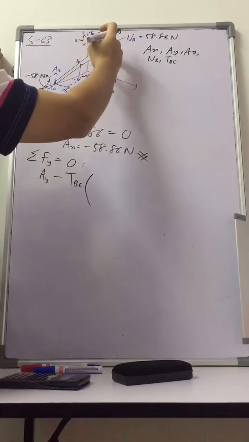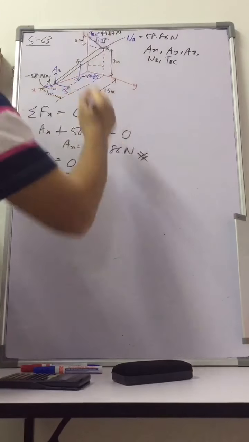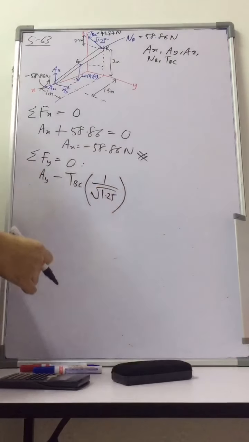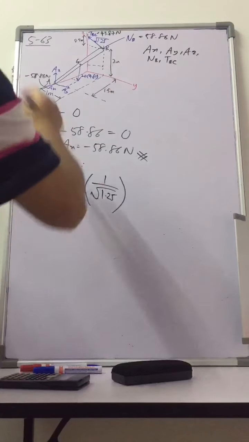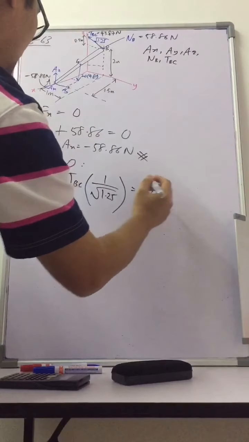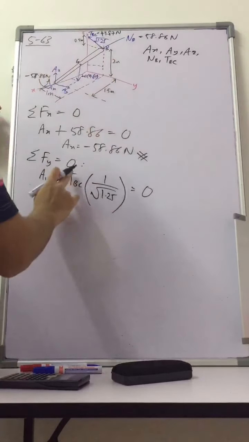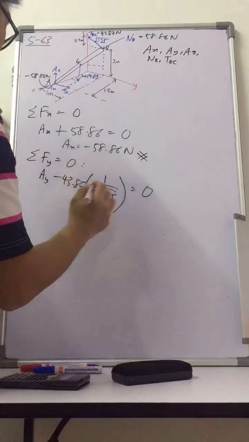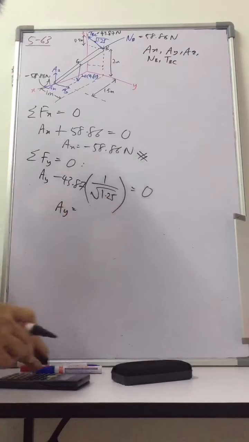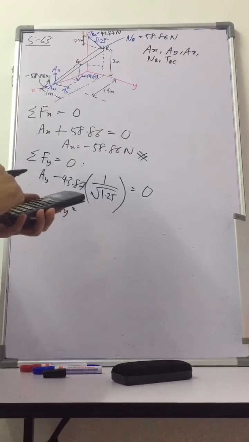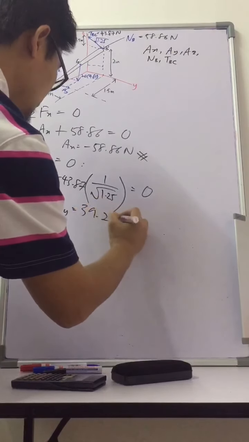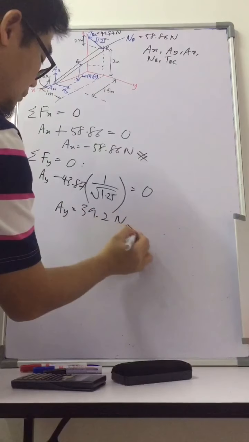To have the y component, you take 1 over root 1.25, the same way that we did in the vector form just now, equals to 0. Of course, this TBC you can substitute, it is 43.87. So you can find your AY equals to 43.87 divided by root 1.25, which is 39.2 Newton. Try to have more decimals.